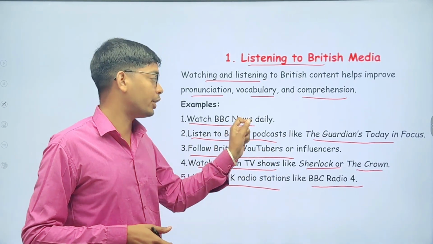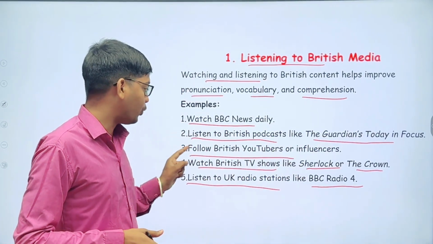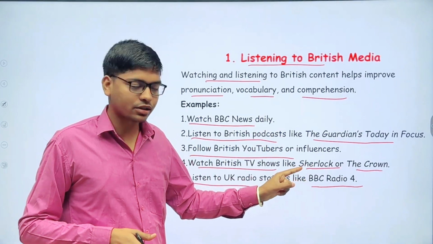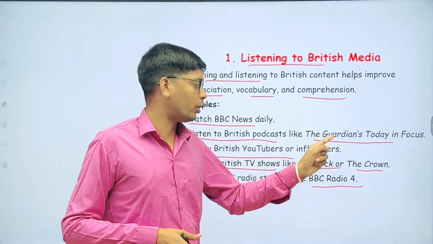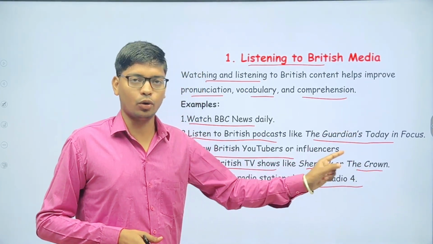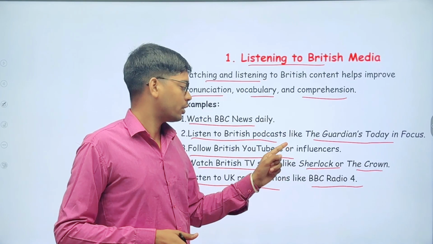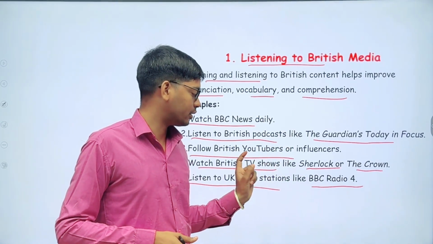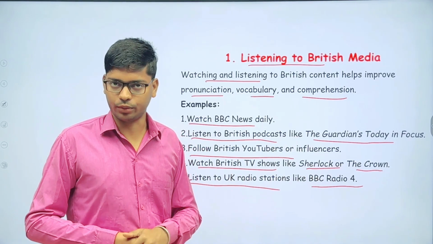Next, listen to British podcasts like The Guardian's Today in Focus, and follow British YouTubers and influencers. Watch British TV shows like Sherlock or The Crown. Listen to UK audio stations like BBC Radio 4.